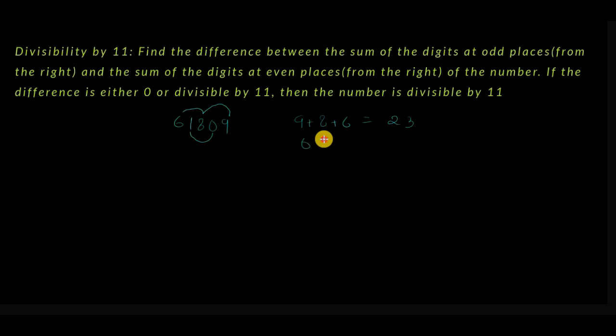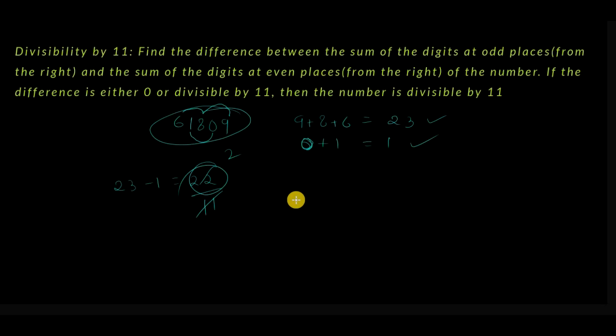And 0 plus 1, sorry, this is 0 1. We have these two and we need to find the difference of these two. So 23 minus 1 will be 22. Is this number divisible by 11? Yeah, it's divisible. It's 2 elevens. So this whole thing will be divisible by 11. That's the logic. I'll clear it out.